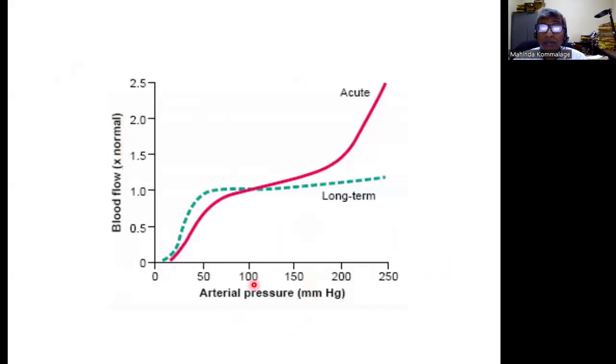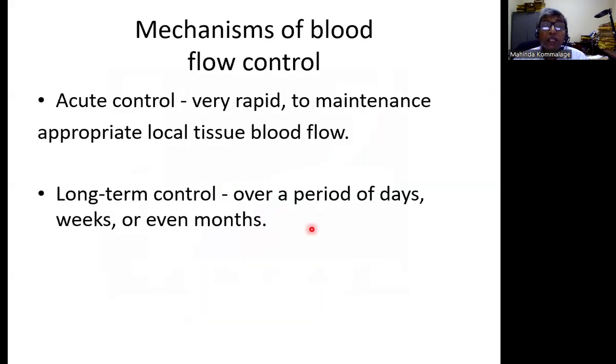You can see arterial pressure fluctuates here from, let's say, 75 to 200. In this range, blood flow is basically constant because of local regulation, right? Outside, arterial pressure is reduced, but local blood flow will be maintained because of the local regulation, right?